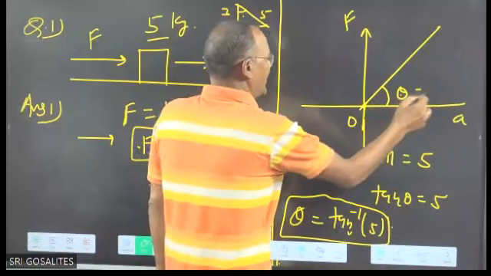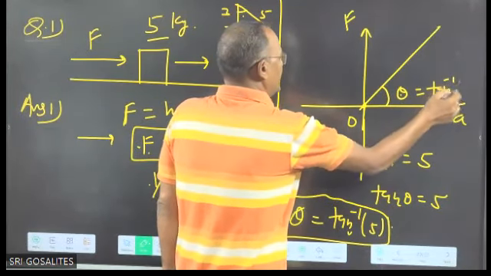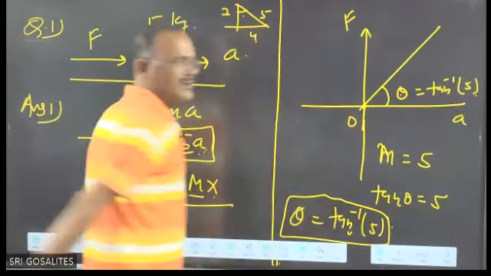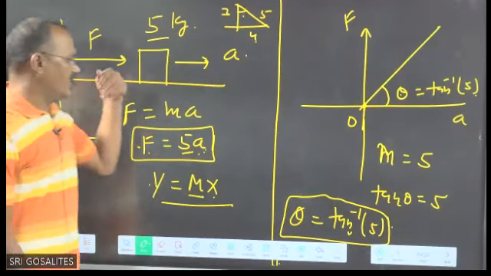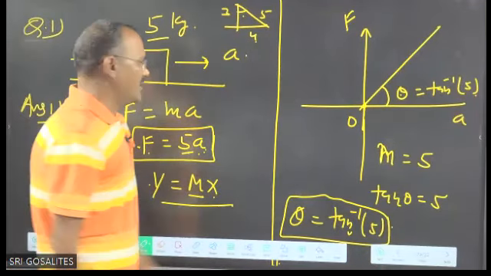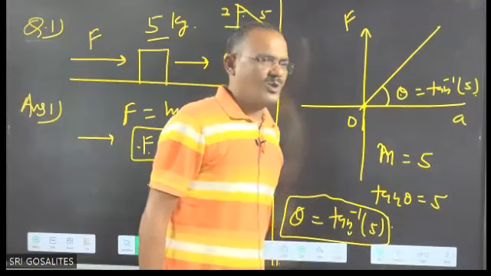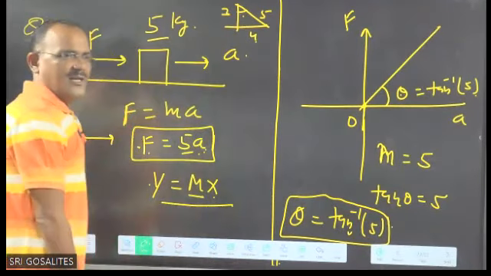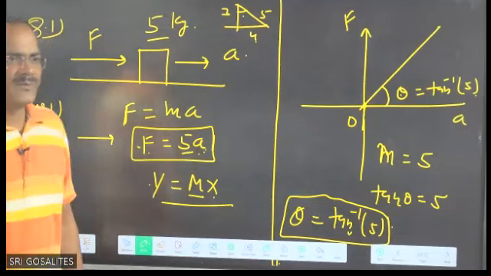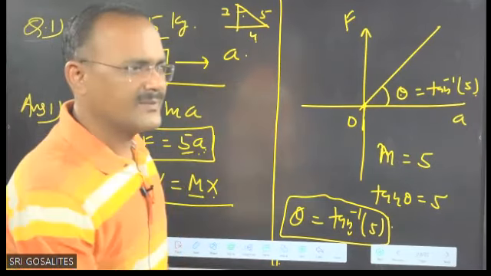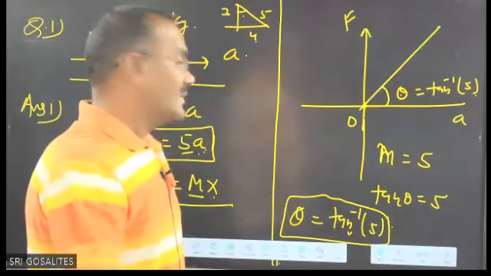Then how much angle will this make? Tan inverse 5. So whenever two quantities are directly proportional to each other, the graph will be like y equals mx. Any problem? Good.